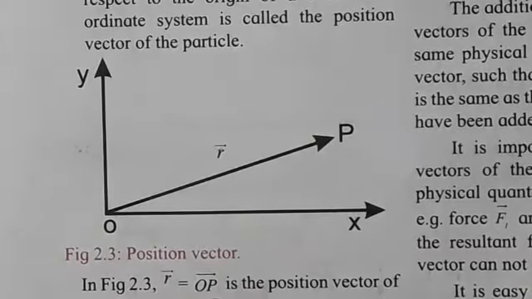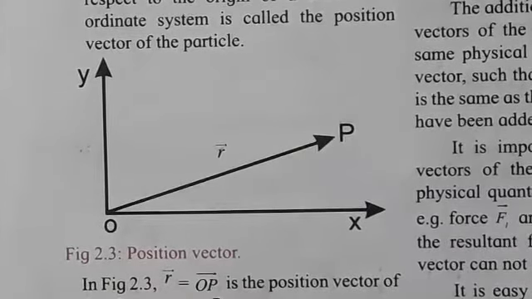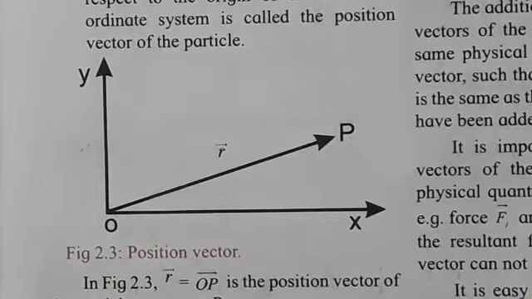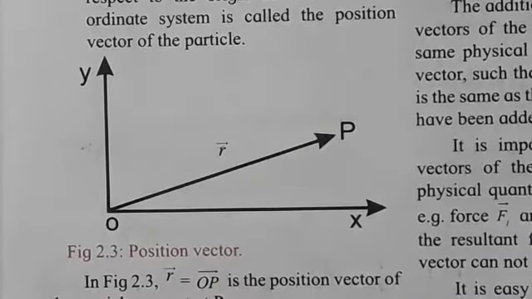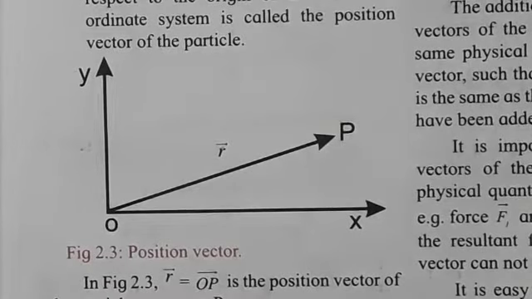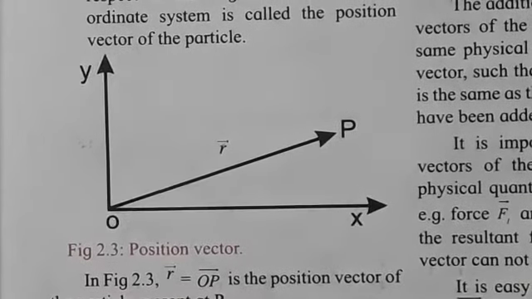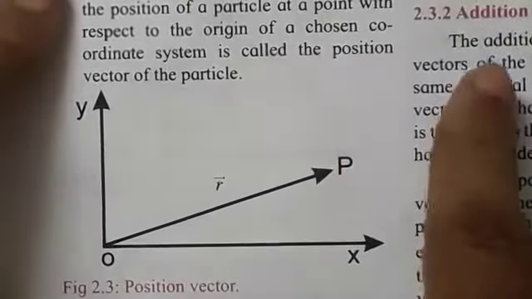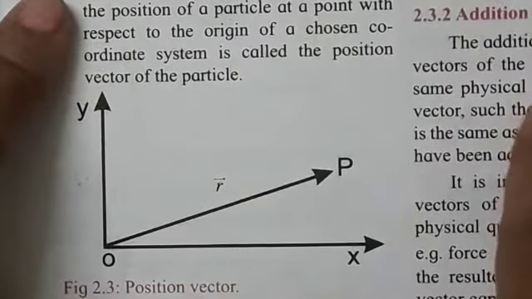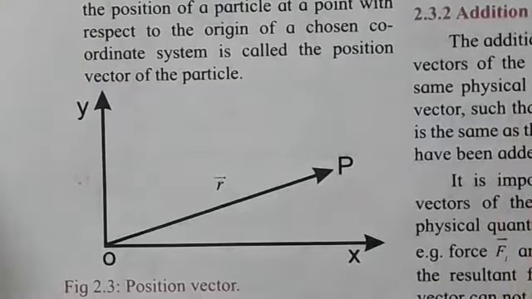Here, if m bar is a non-zero vector, then m in magnitude form is the mod of vector m bar, which is not zero. The unit vector is given by the given vector divided by its magnitude.